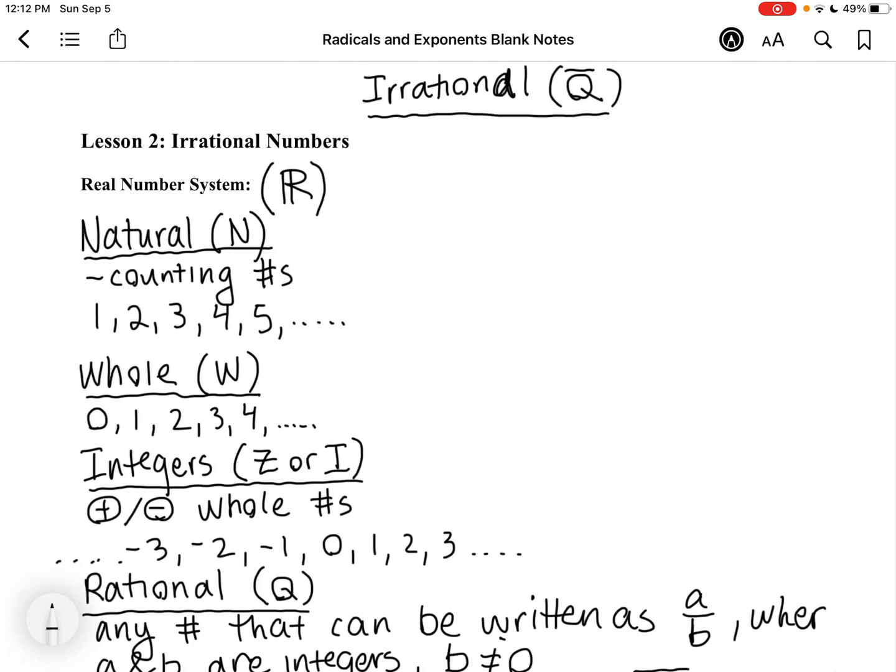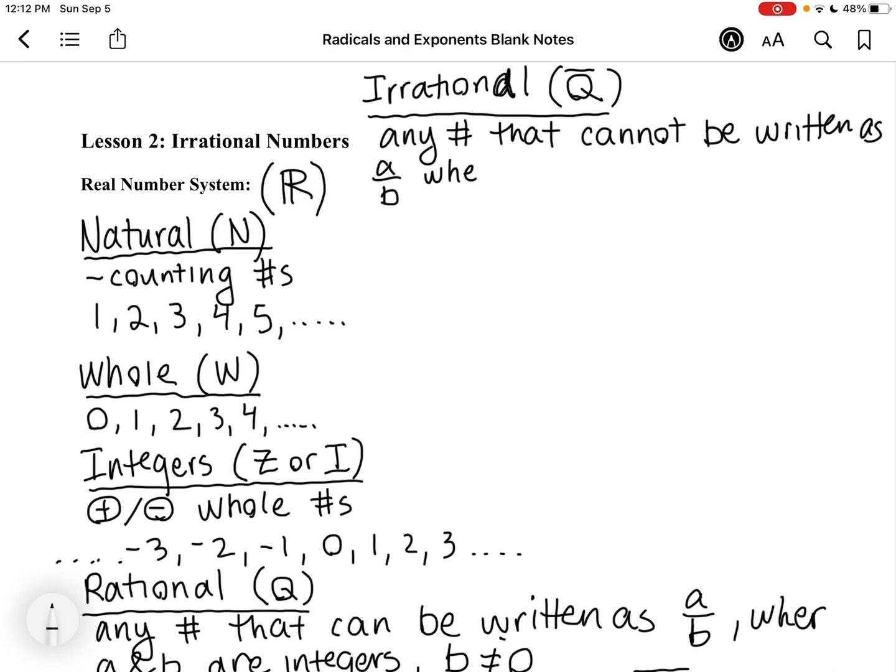So any number that cannot be written as A over B, where A and B are integers, and B cannot be equal to 0.